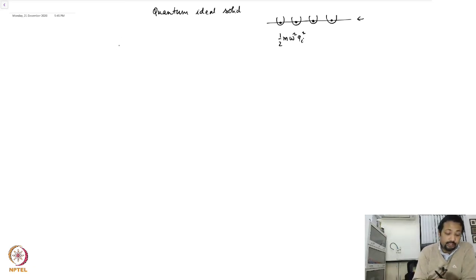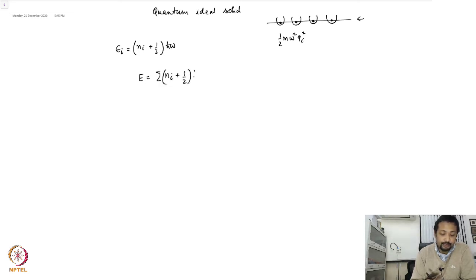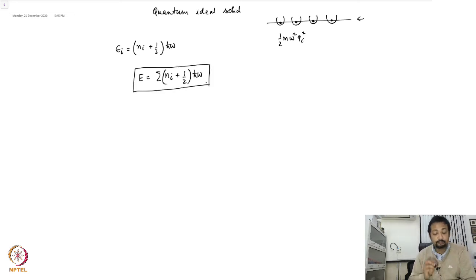Now here the energy levels of each of these particles are discrete, and I have the equation epsilon_i is going to be (n_i plus half) h bar omega, so that the total energy is going to be the sum over (n_i plus half) h bar omega. Now let's take specific examples.